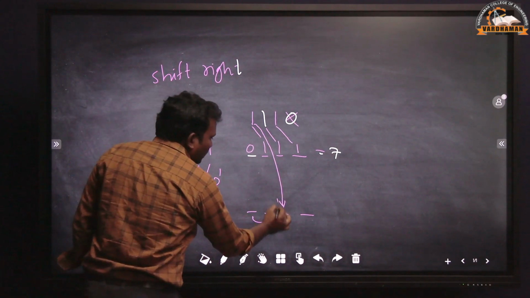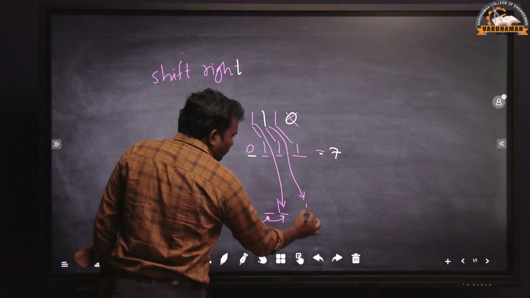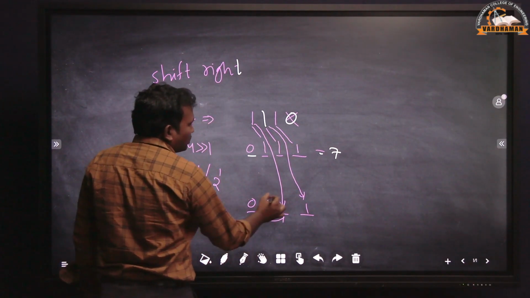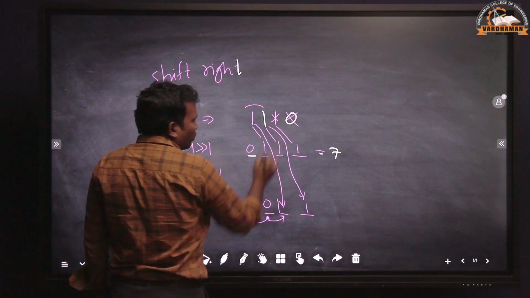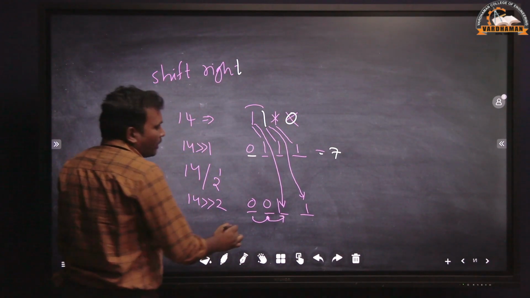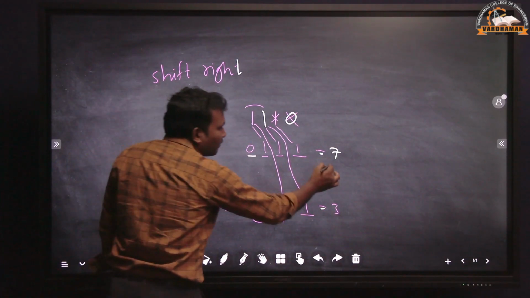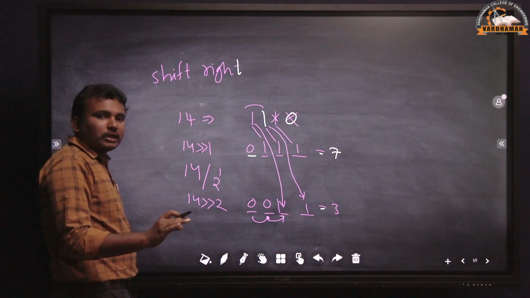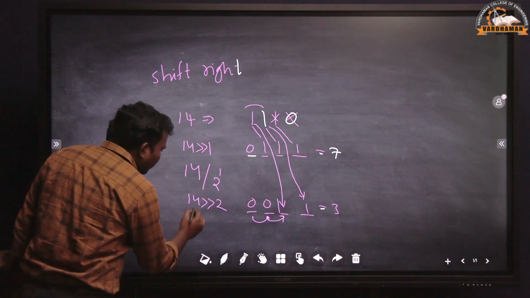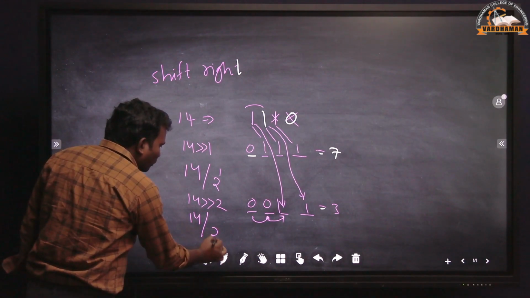So one comes here and another one will be joined here, and these are replaced by zeros, and these two are discarded. Now what is this value? It is 3, which is nothing but 7 by 2. 7 by 2 is 3.5, but we will take only the integer part. So when we do right shift by 2 positions, it is 14 by 2 power 2.